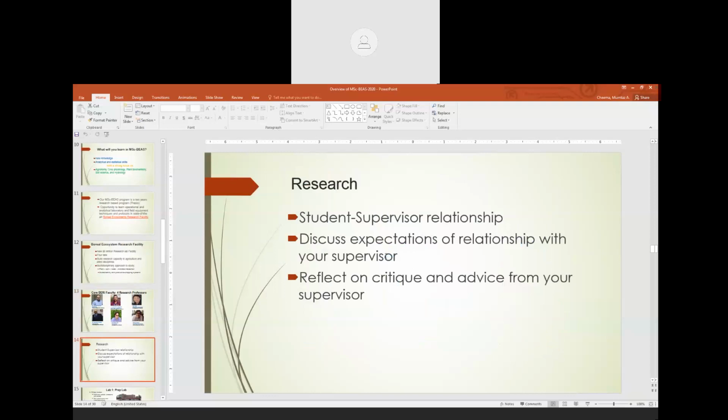Okay, so as this is a research-based program, once you have your research project, you will have more interaction with your supervisor and the supervisory committee. Generally, I organize weekly meetings with my students over the entire summer.